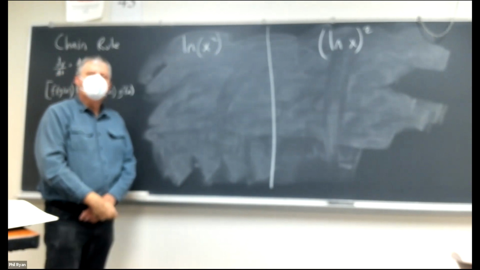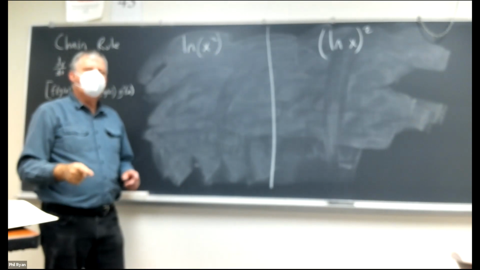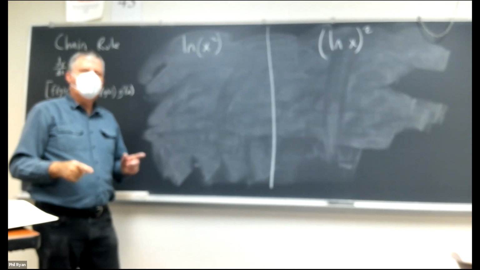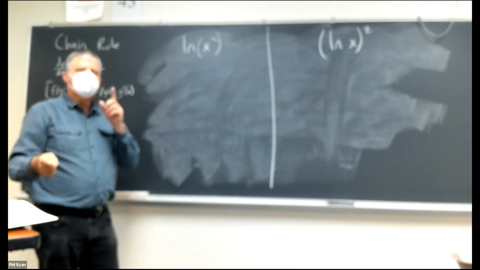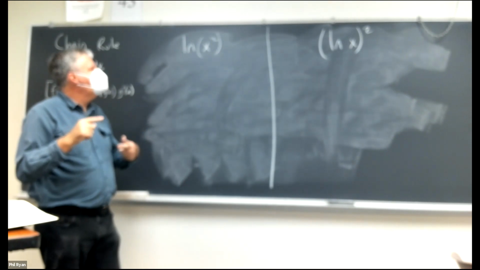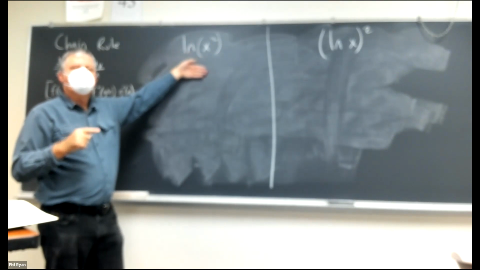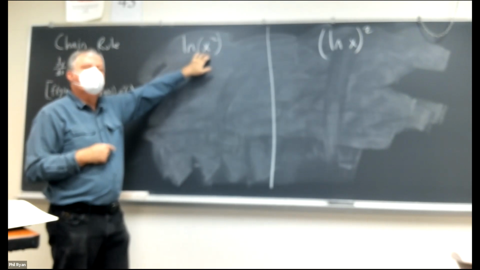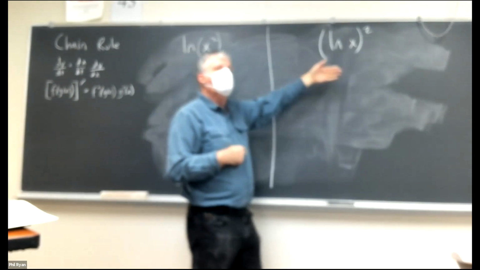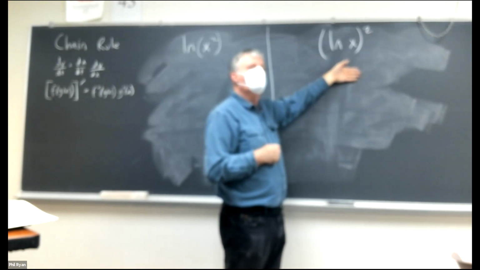Both of these use the square function and the ln function. The difference is in which order you use them. So in this one, which one do you do first? The x squared. You do the x squared first. In this one here, which would you do first?